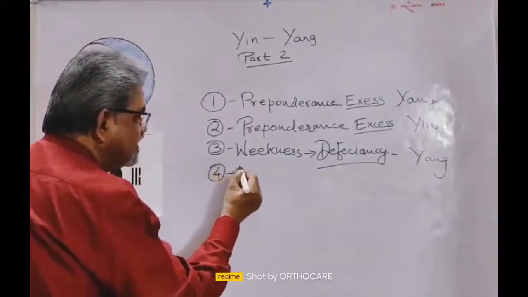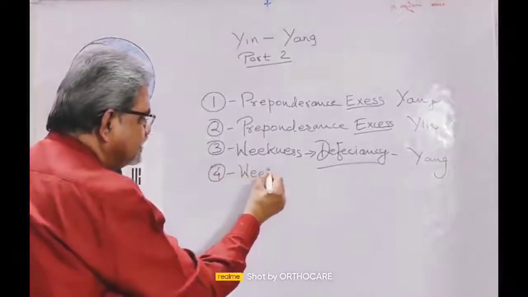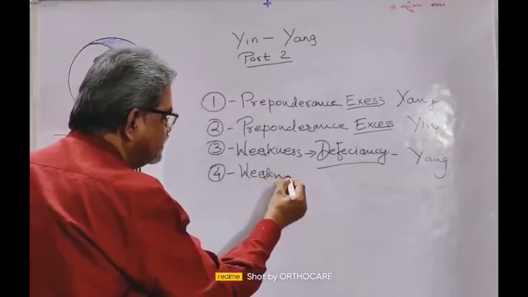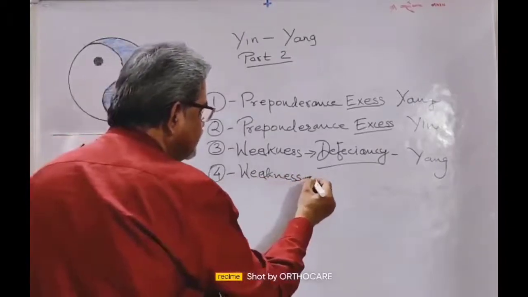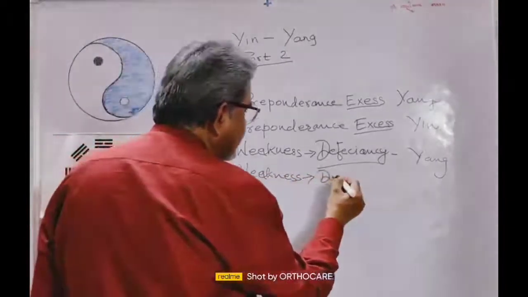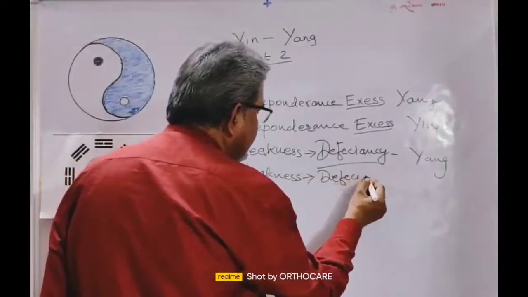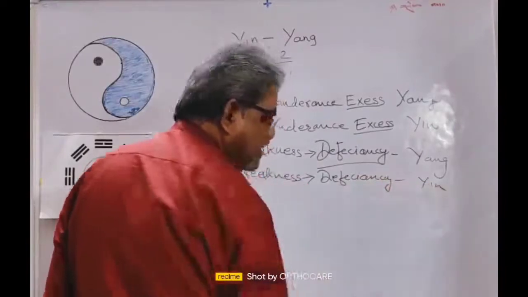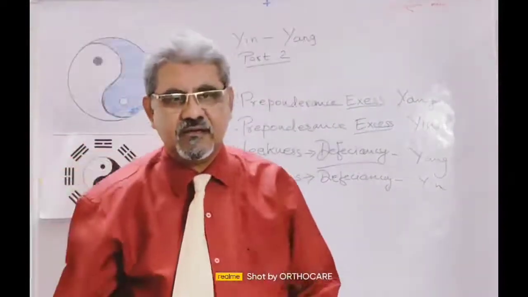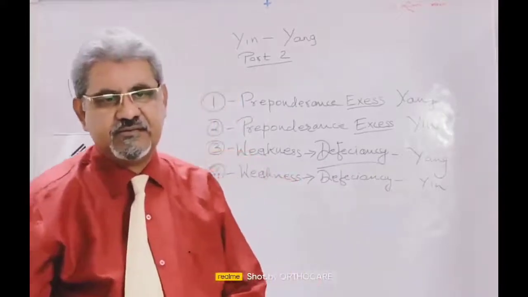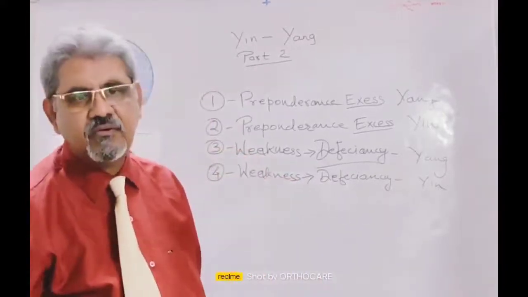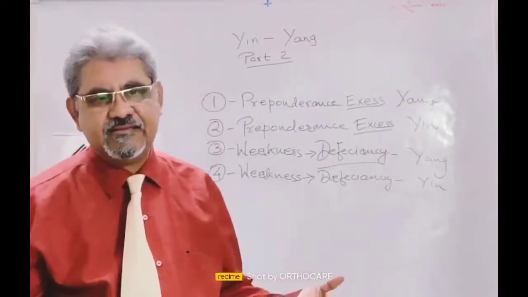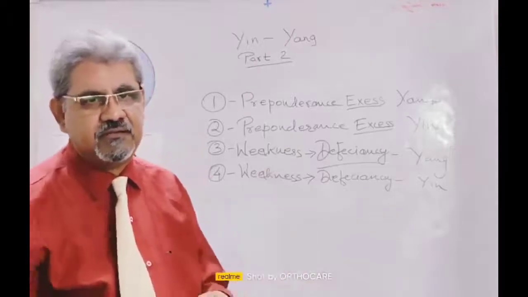And the fourth is weakness or deficiency of yin. So there are four major things we need to know about the preponderance, like excess, and the deficiency of yin and yang.